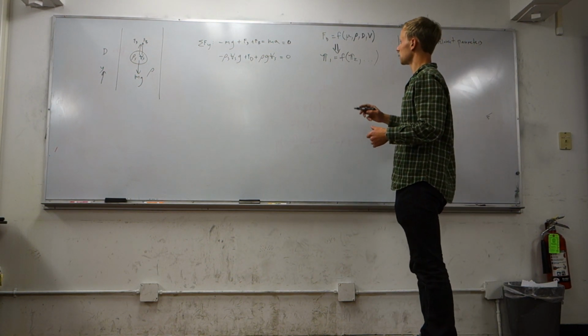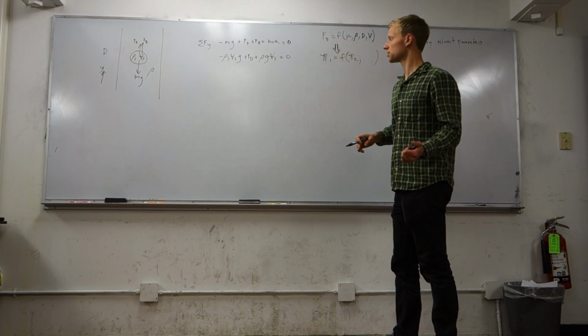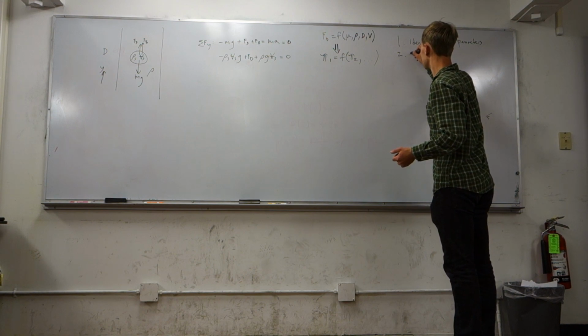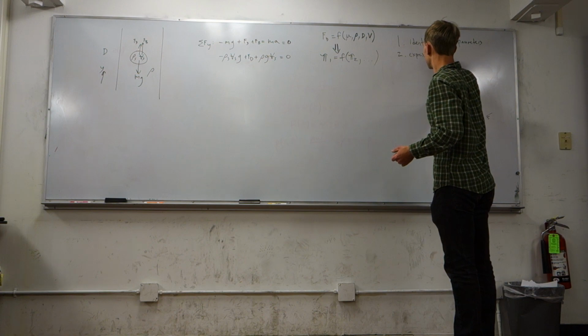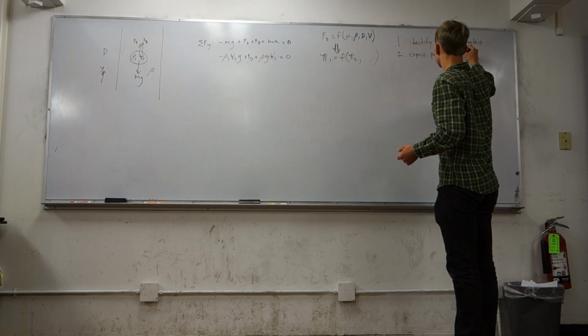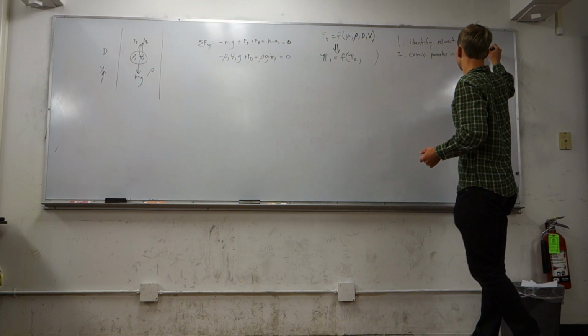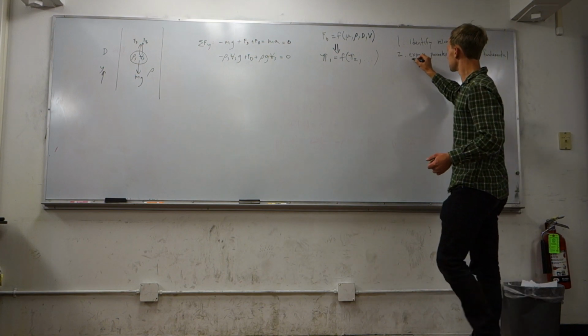And to do that, we need to express each relevant parameter in terms of their fundamental dimension. So the second step is to express parameters in terms of fundamental dimensions.